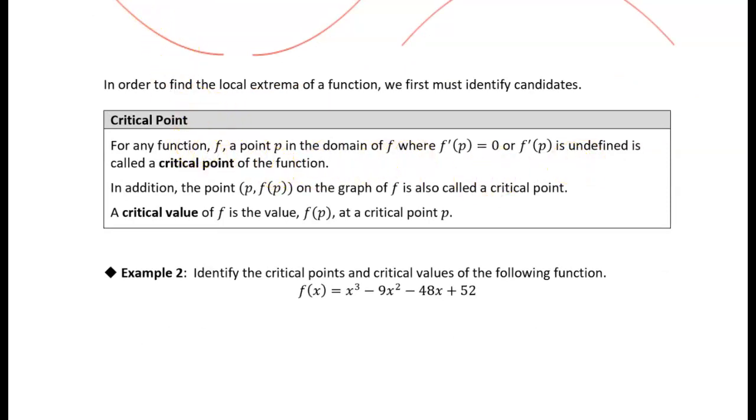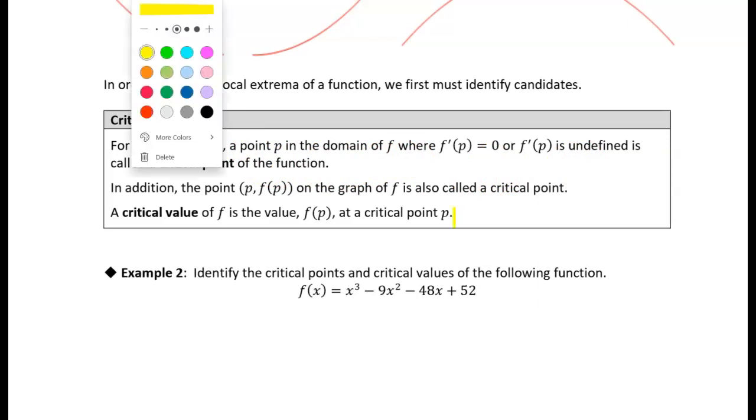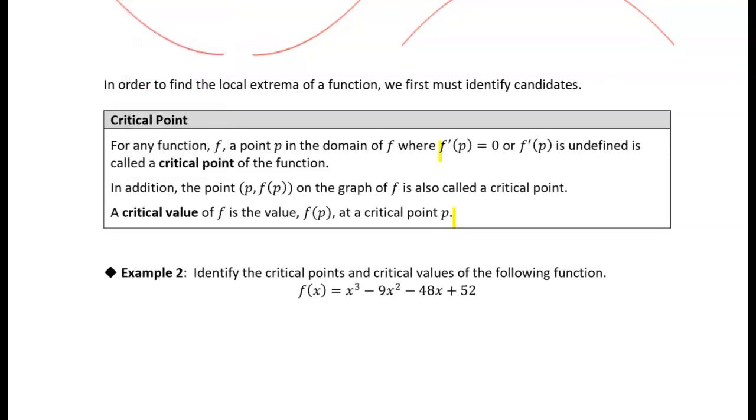Okay, now we are going to primarily be looking at continuous functions. So, all right, anyway, I was going to use a highlighter. Okay, we have 2 criteria. All right, here's one criteria. Here's the other. All right, either where the derivative is 0 or the derivative is undefined. Okay, now we're going to primarily be looking at continuous functions.